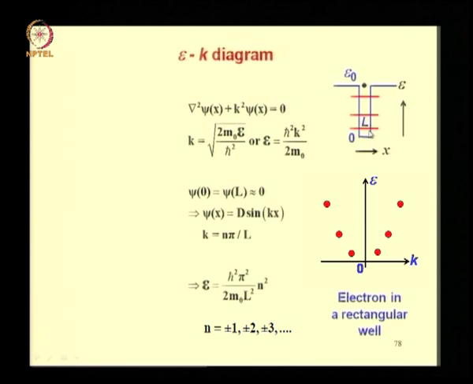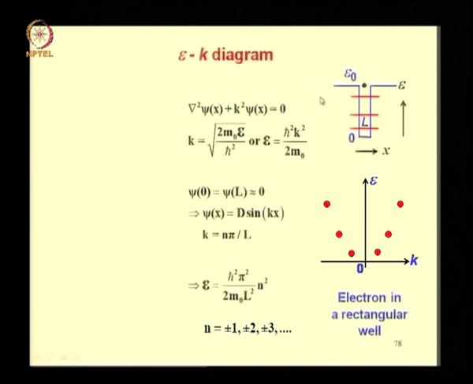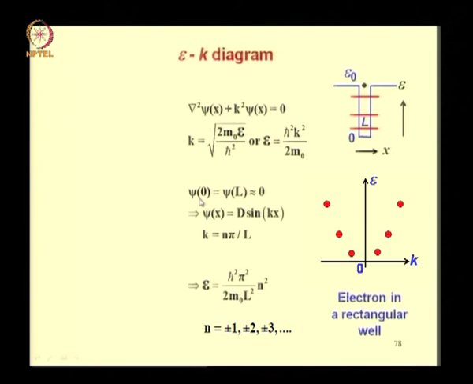The allowed energy levels are shown here, with the boundary conditions psi equal to 0: the wave function at x equal to 0, that is at the left end of the well, and the wave function at the right end of the well were both approximately 0 because the height of the potential barrier was really large.